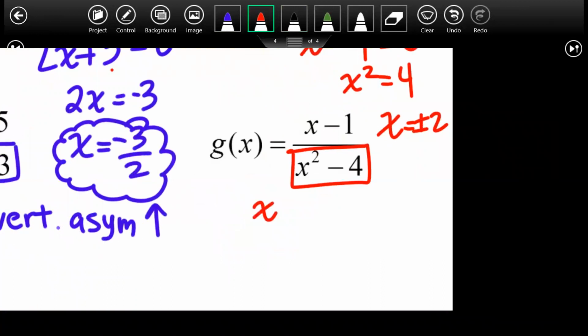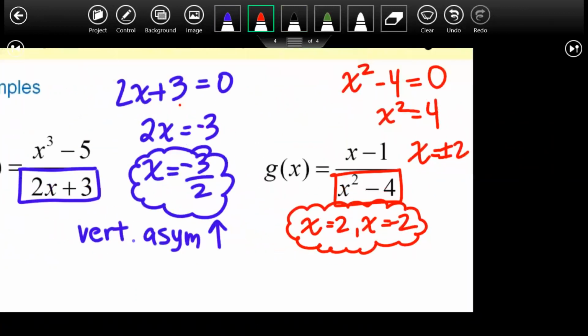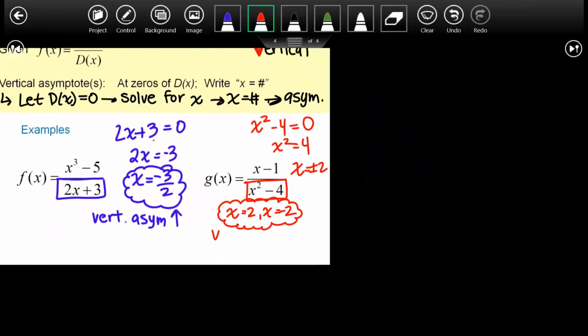So x is equal to 2, and x is equal to negative 2. These are going to represent our vertical asymptotes. We can have 2 of them. It's okay to have 2.